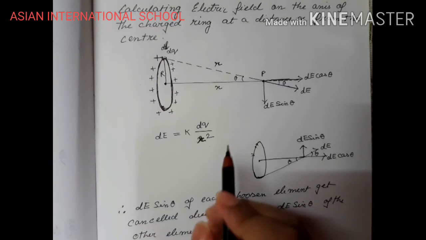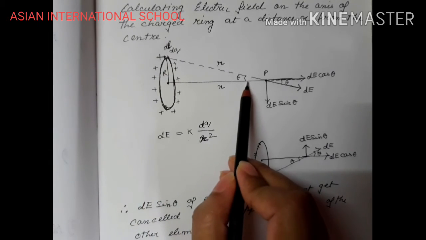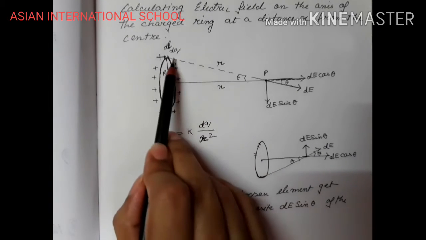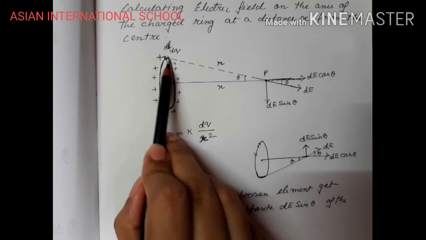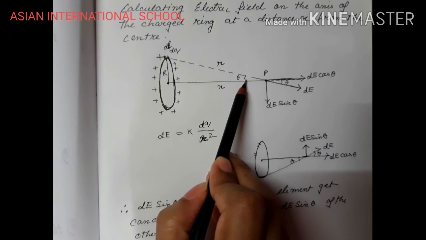Now a few things are constant. This radius r is constant, x is constant, this small r, the distance from the elementary portion to point P, is also constant, and the angle theta will remain constant.